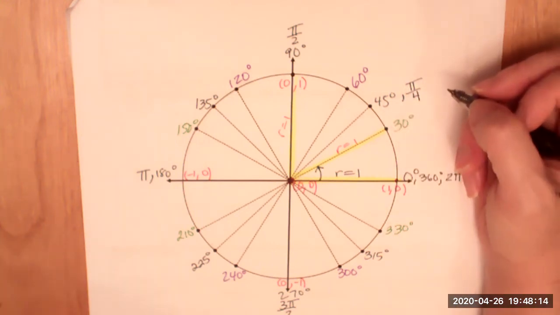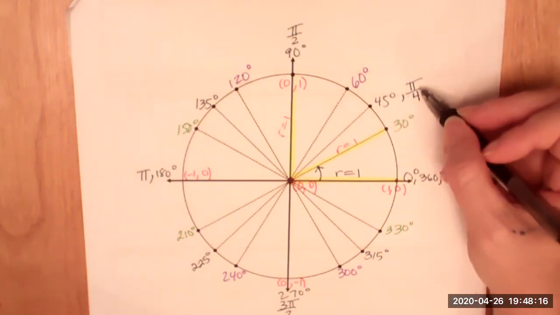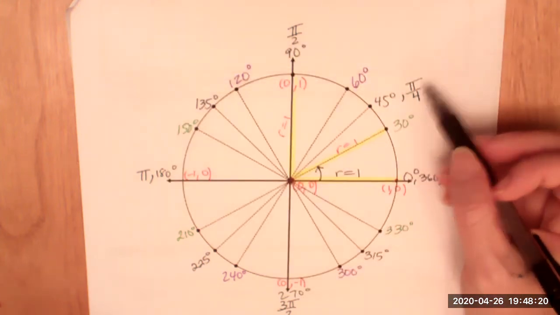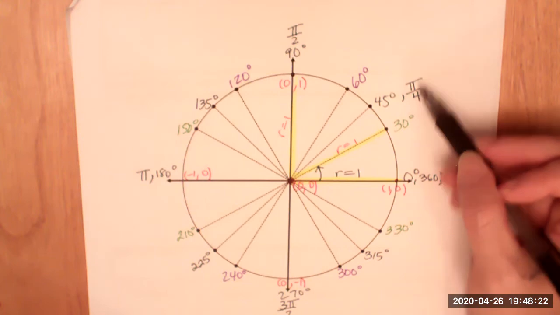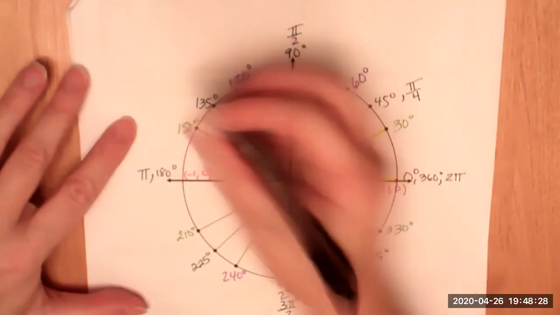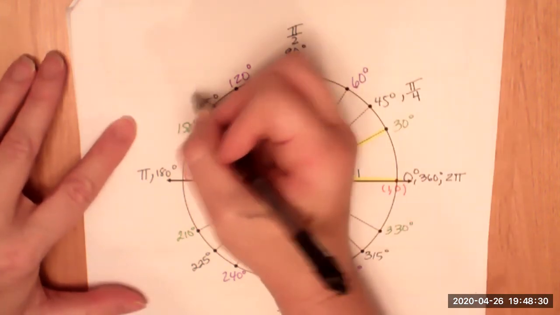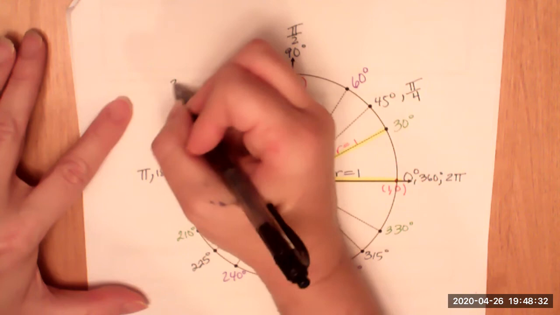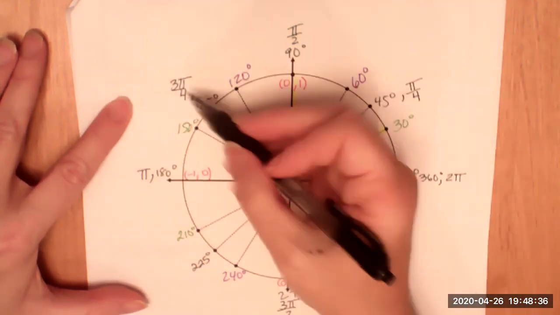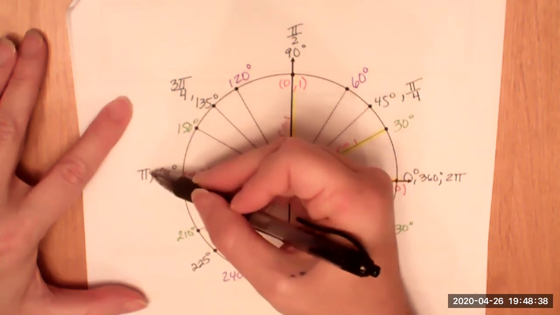Now let's add 1/4 of pi on and continually add as we go around the circle. So 1/4 and 1/4 is 1/2, and 1/4 is 3/4. So another way to label 135 degrees is 3/4 pi, or 3 pi over 4. Add another 1/4, we'll be at 4/4, or 1 pi.